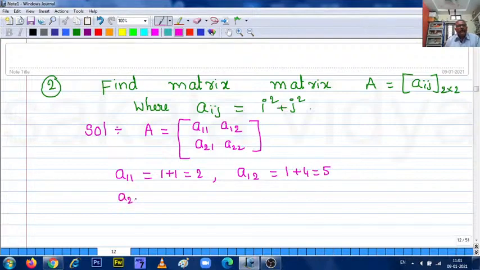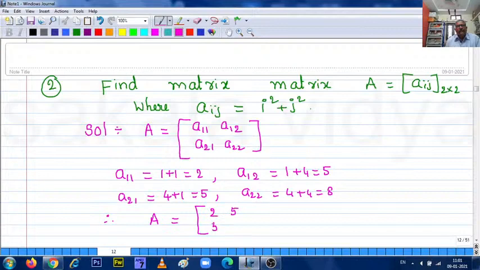A21: 2 square 4, 1 square 1, 5. A22: 2 square 4, 2 square 4, 8. So therefore the matrix A is 2, 5, 5, 8. This is a 2 by 2 matrix. That means we have constructed it by the given definition. That is the use of the compact form.